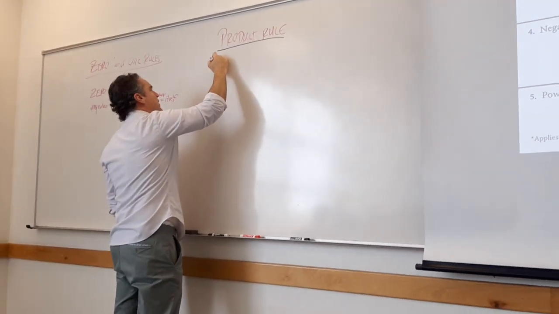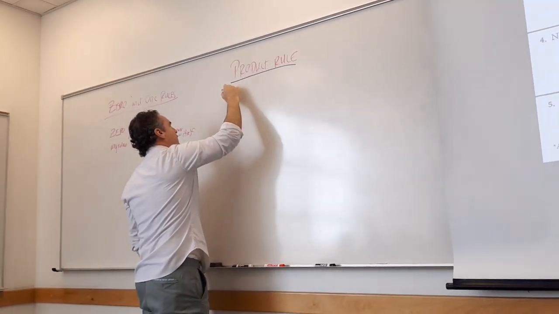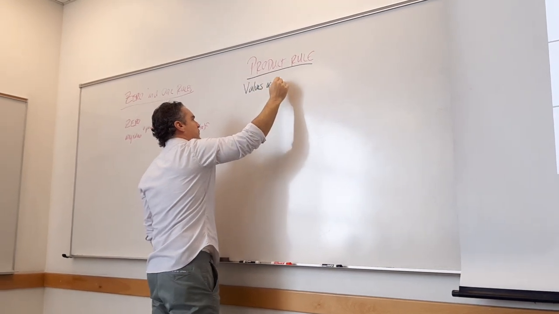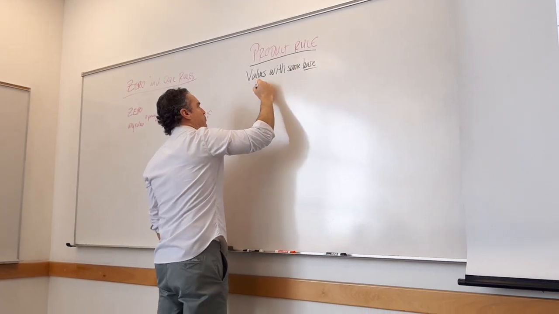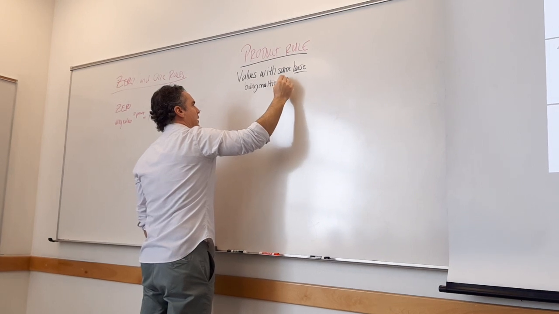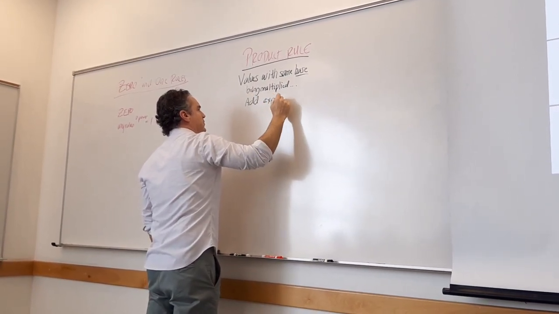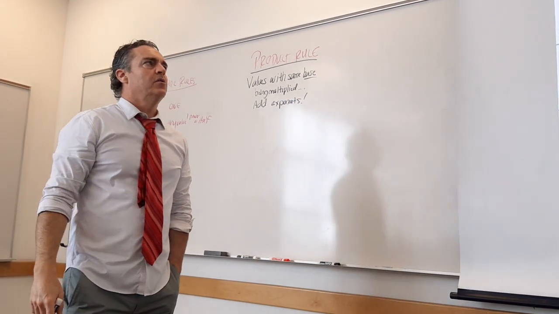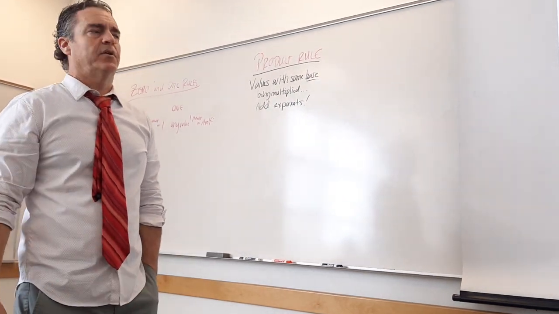It's going to say that values with same base being multiplied, okay, add the exponents. Okay? So when we have values with the same base and they're being multiplied, we're going to add their exponents.